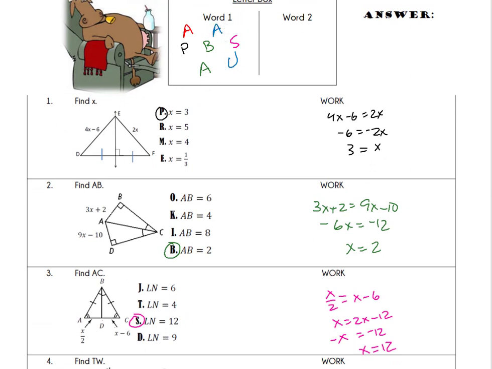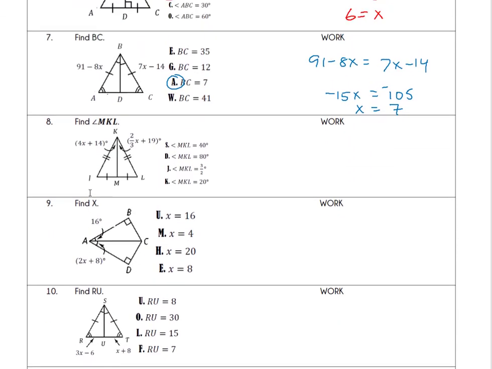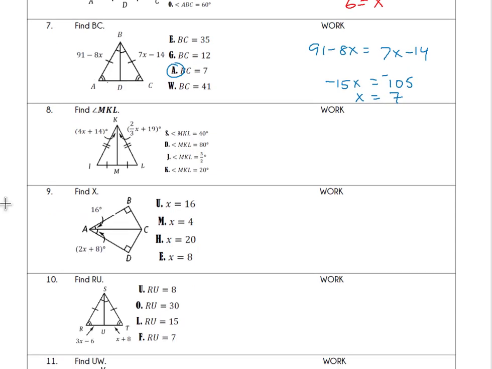Okay, now we're on number 2. Okay, number 8. Let's see what we got. So these two angles need to be congruent. We got 4x plus 14 equals 2/3 x plus 19. I would multiply both sides by 3 to get rid of that fraction.